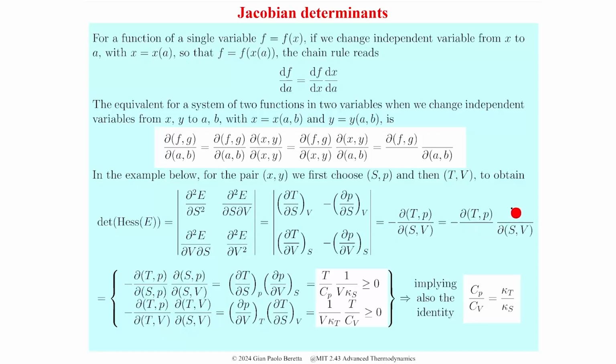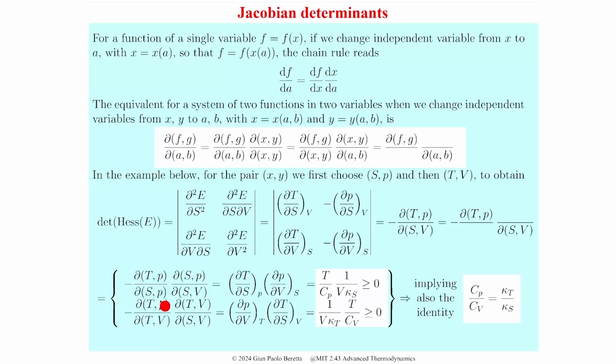I want to do now the same, but by substituting here in the empty spaces another pair of variables, again in such a way that numerator and denominator have one same variable, like here the temperature and here the volume.